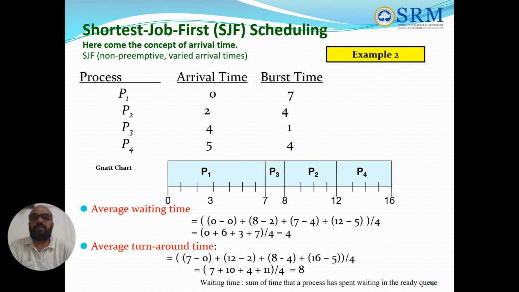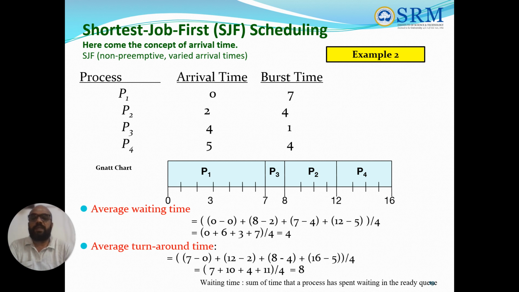For P3, it arrived at time 4 but starts its execution at 7, so 7 minus 4 is the waiting time. In the same way, P4 arrives at 5 but starts its execution at 12, so 12 minus 5, it is 7. The average is 4.